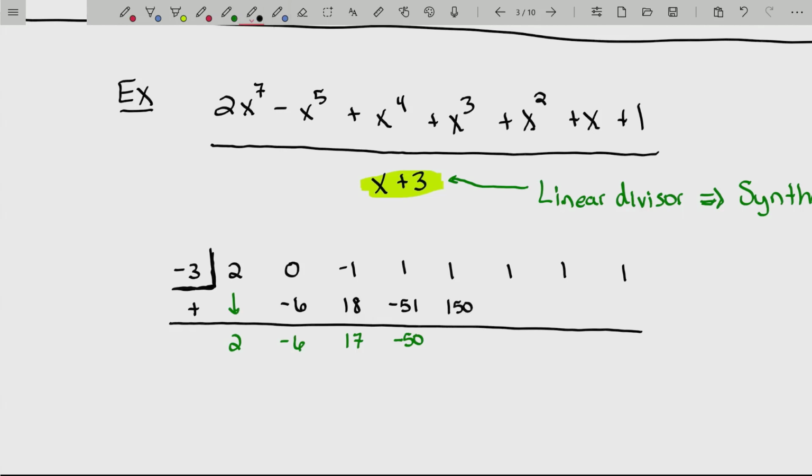And here's where it really does get ugly, right? Positive 150 plus 1 is 151. And now -3 times 151, that's -300, -450, -453.